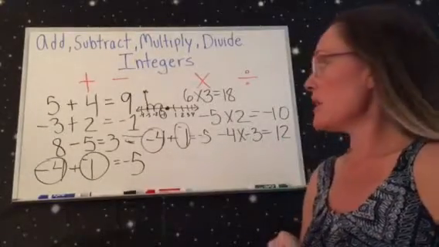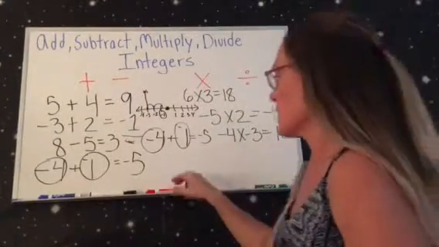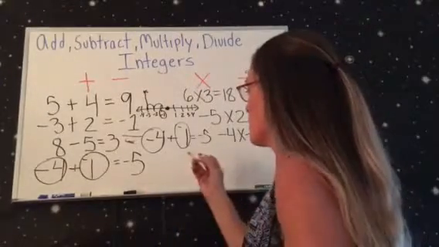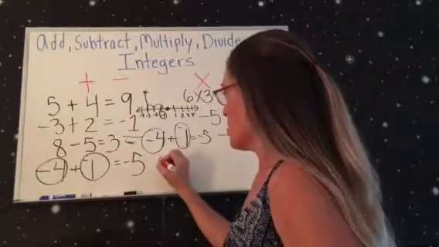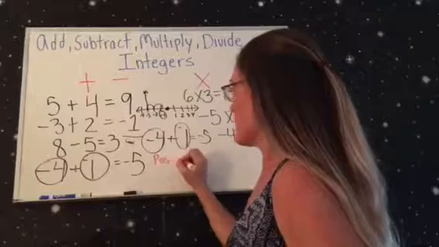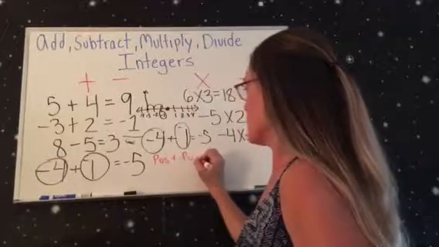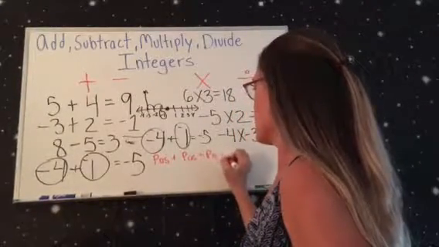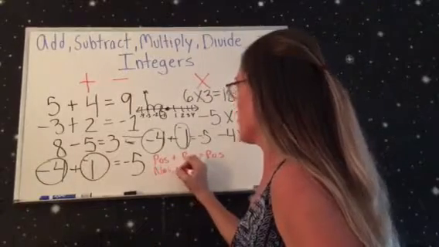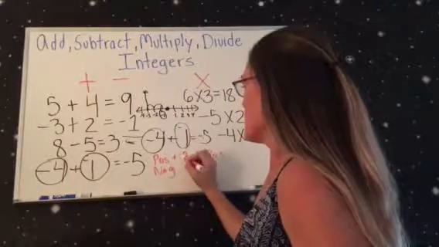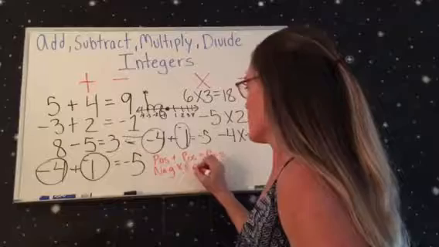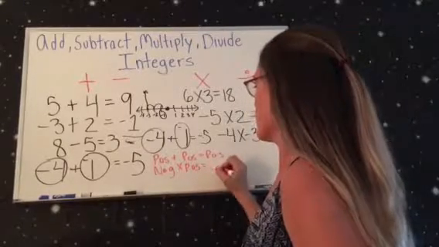So I suggest writing down in your notes right now something like this. Positive plus positive equals positive. Negative, let's say times positive equals negative.